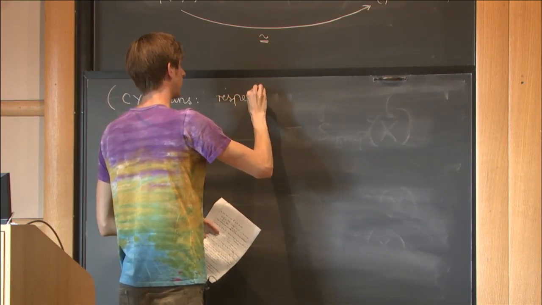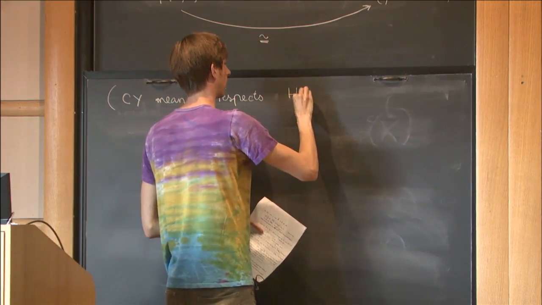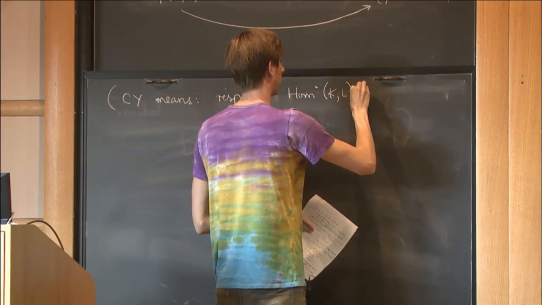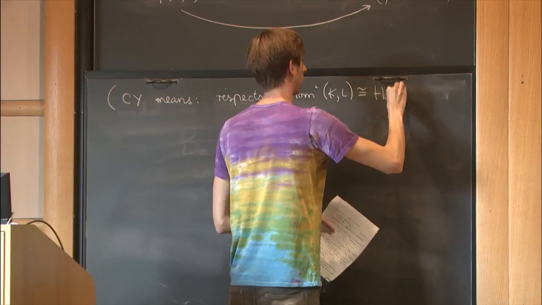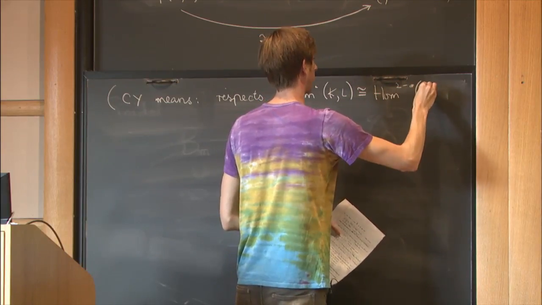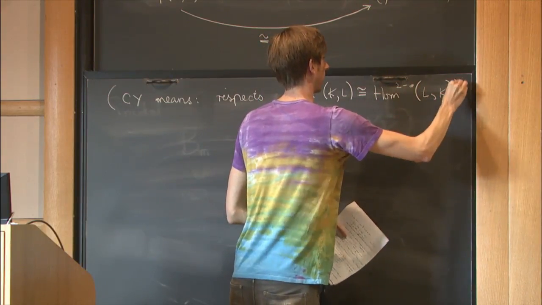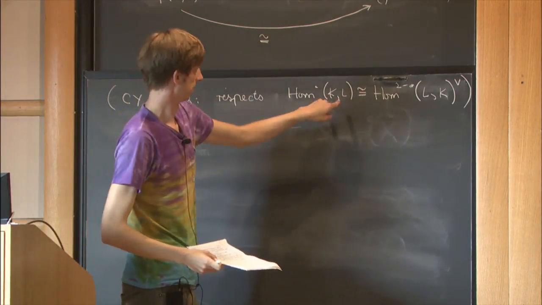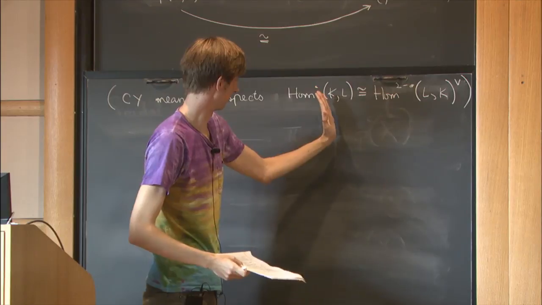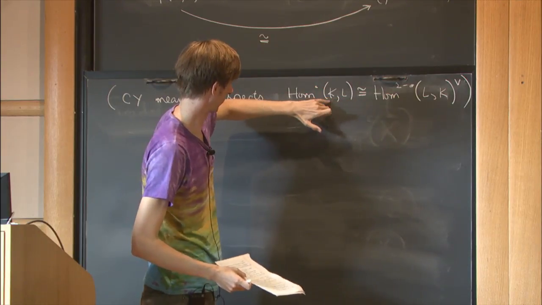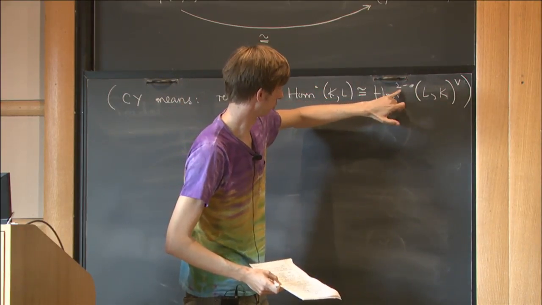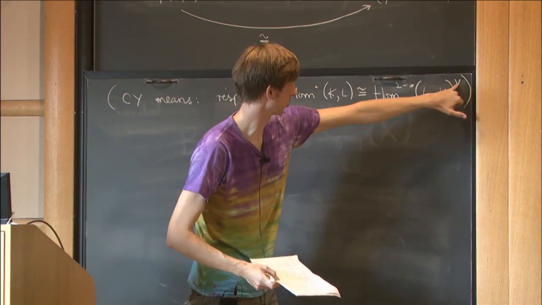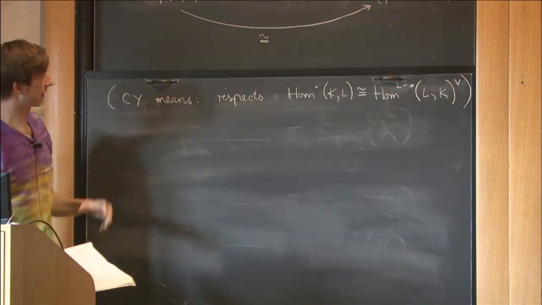So to say quickly, there is a natural way of finding isomorphisms between Hom from K to L and Hom in degree 2 minus this degree from L to K, dual, in the Fukaya category.